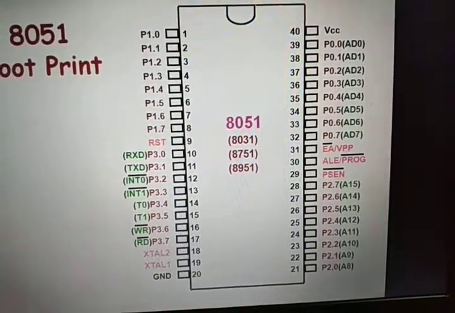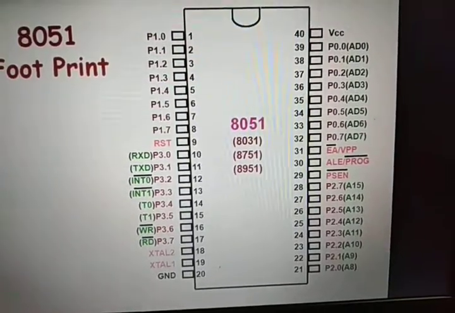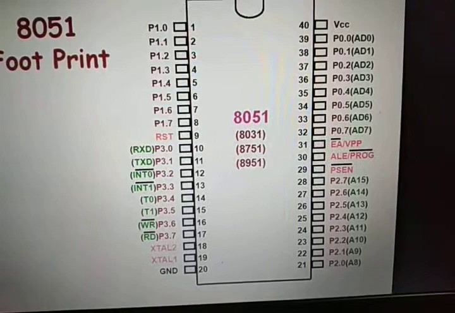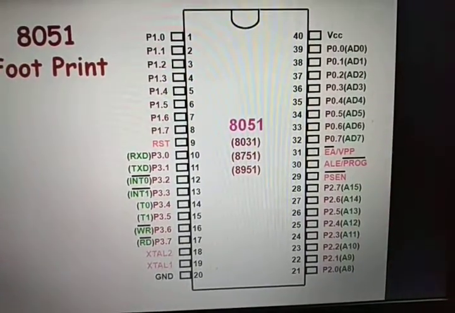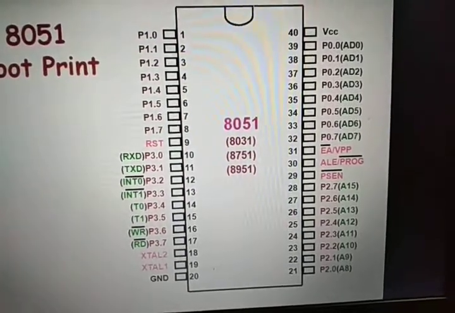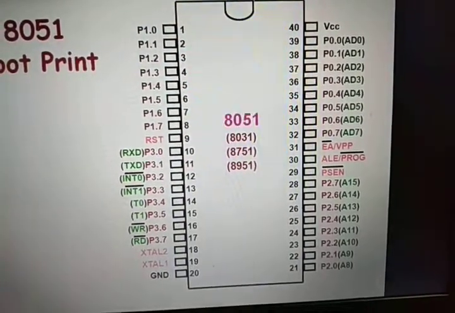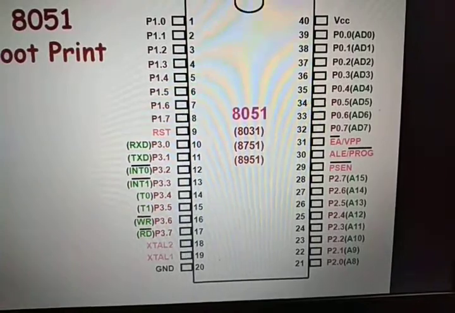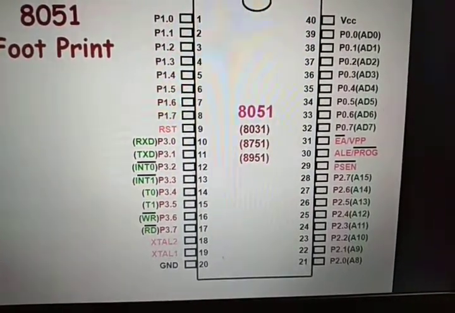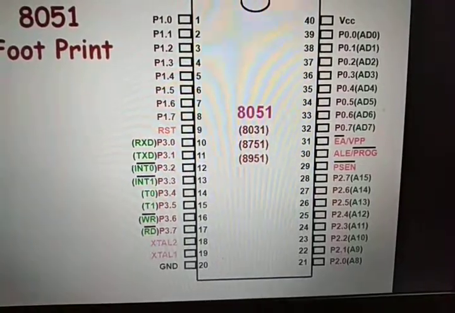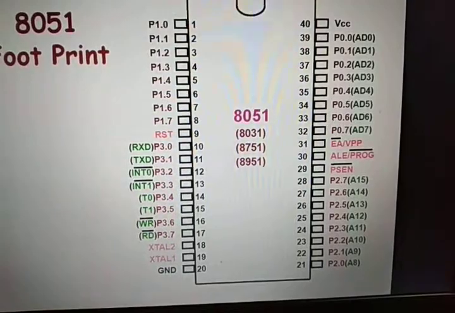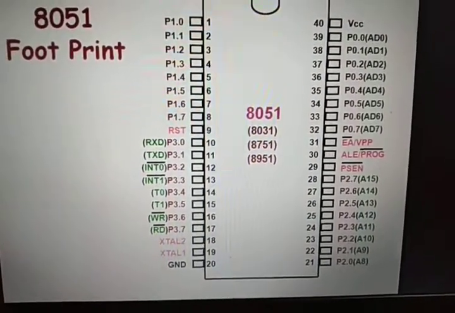These make up the first 32 pins. The remaining 8 pins: 2 are for power related signals, pin number 20 for ground and pin number 40 for the power supply, and 2 are for clock signals. Pin number 9 is reset, pin number 31 is for external access, pin number 30 is for address latch enable, and pin 29 is program storage enable.